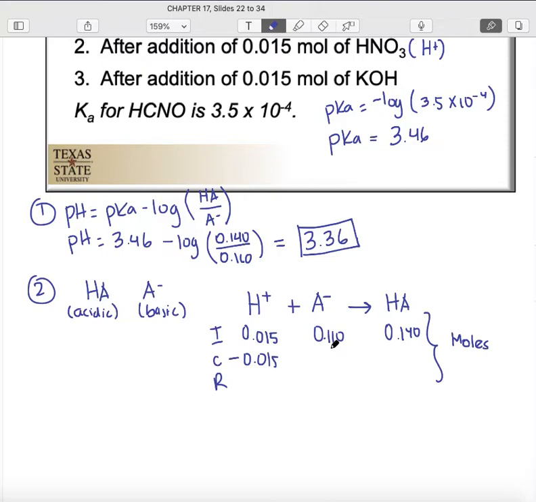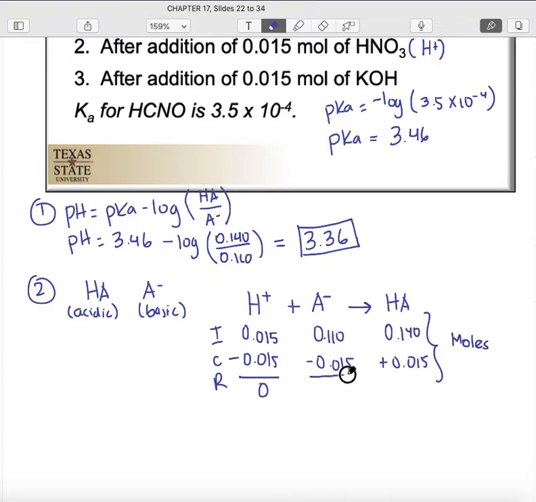And that change carries. So for the other reactant, it will also be negative 0.015. And then for the product, it would be the same number, but the opposite sign, right? So positive 0.015. I can then do the result, and that's just basically by adding whatever I have here. And of course, in this case, that's going to be 0 for that acid because that's the whole role of the buffer.